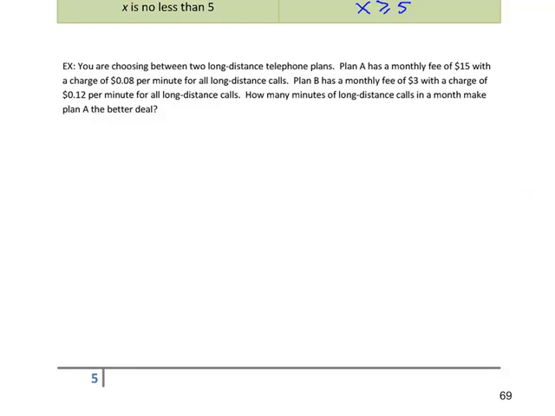Okay, let's start with the most reasonable questions. What do we want to let our variable be? What's the missing piece here? Well, we're asking for how many minutes, so let's let x be the number of minutes used in long-distance calls. So in terms of x, how much does Plan A cost?